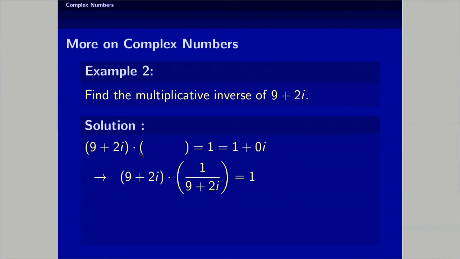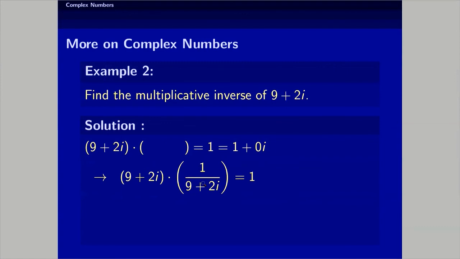Diba? But, hindi accepted na final answer ang 1 over 9 plus 2i. Hindi accepted na 1 over 9 plus 2i ang multiplicative inverse ng 9 plus 2i. You still need to simplify this. You have to write this in a plus bi form.